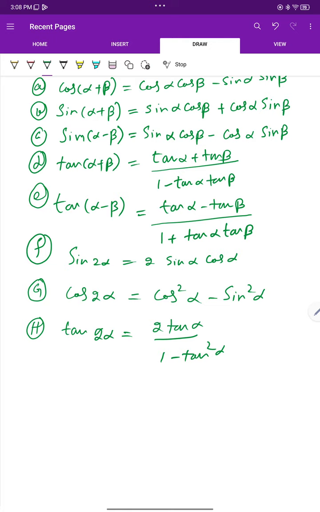So this is used when you are adding two same angles, like two alpha or two beta; you can then derive and solve your problem from this. And this is also common.